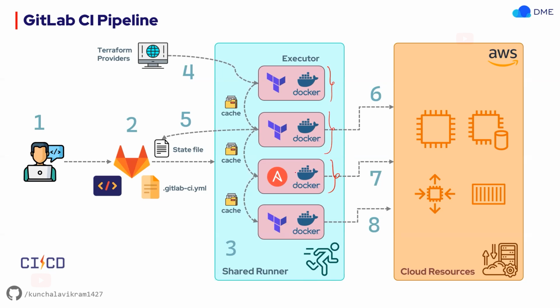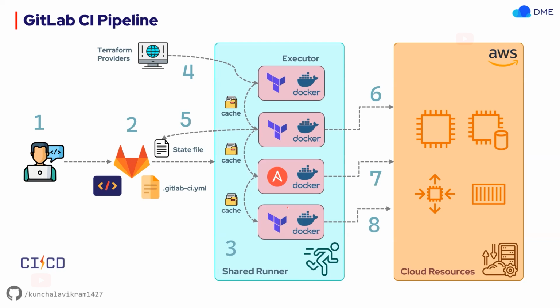For running terraform fmt, I'll use an image. There is already an image from HashiCorp that has the Terraform CLI installed. So we will run that container, and inside that we will use fmt. Similarly, we'll use init in a different job. Finally, within another container, we'll apply the configuration.